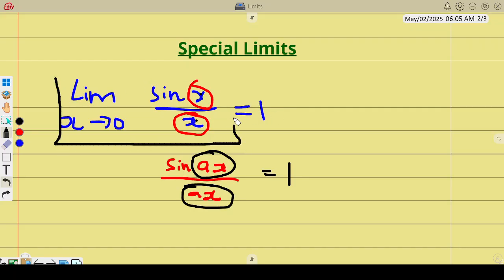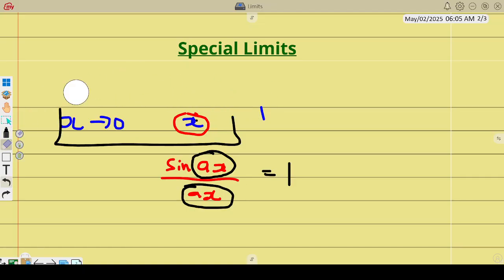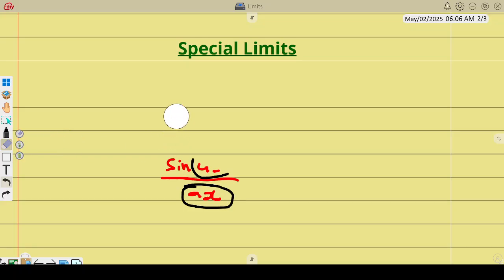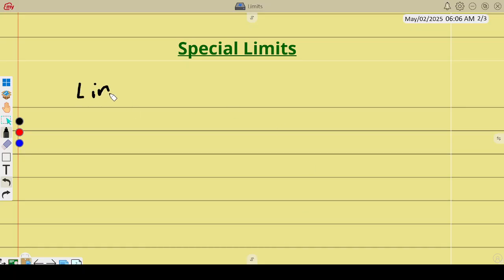So that is the first part. And then what is the other part which we should know? Many questions will come from this first one, and then a number of other questions will come from this other limit: as x approaches 0, 1 minus cos x over x.